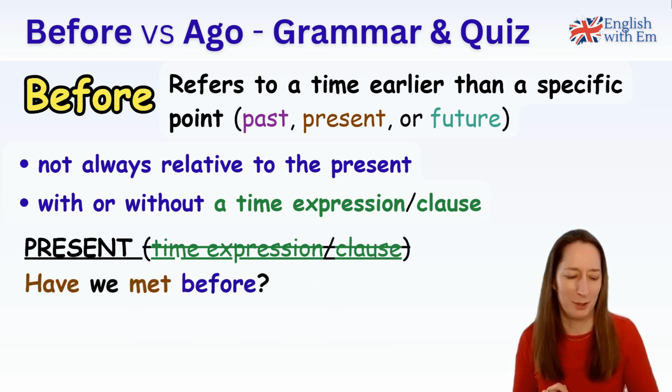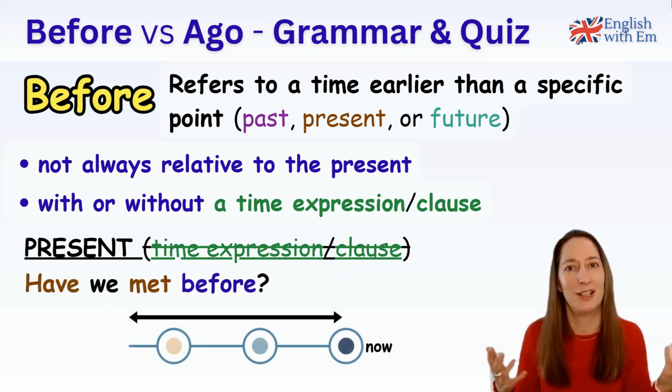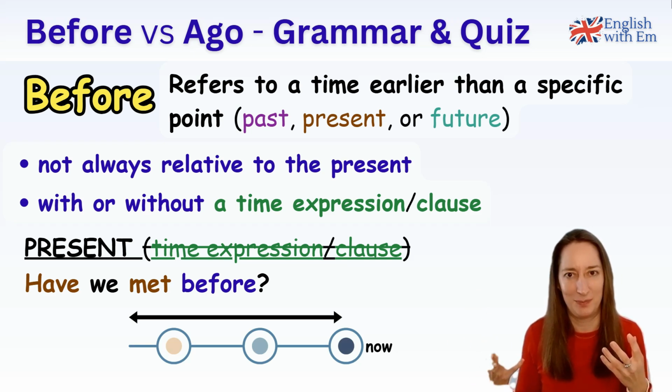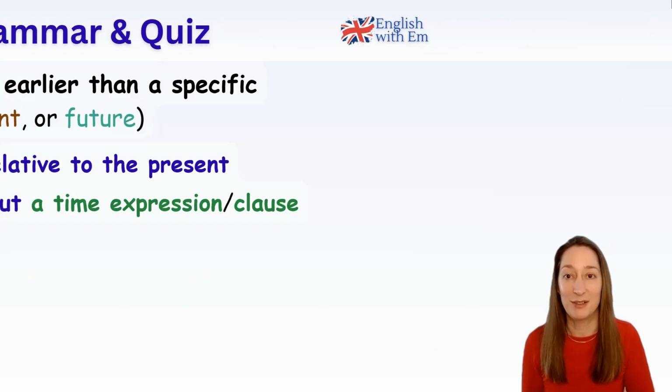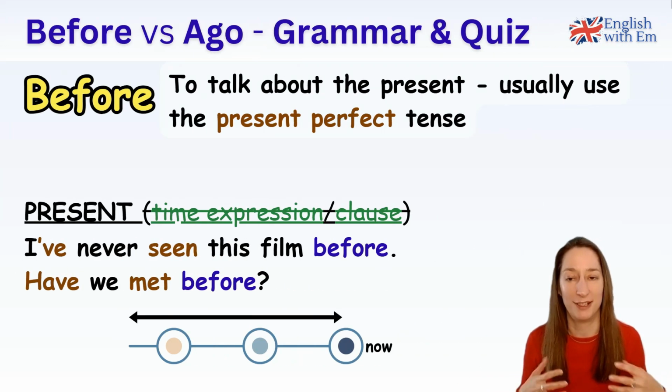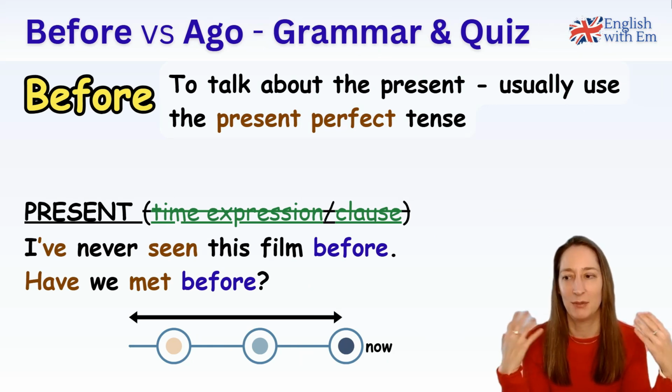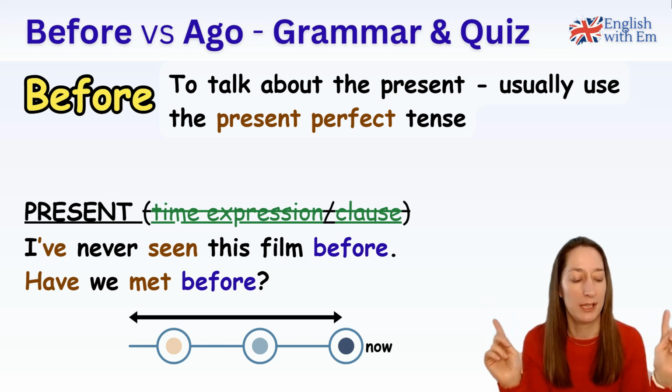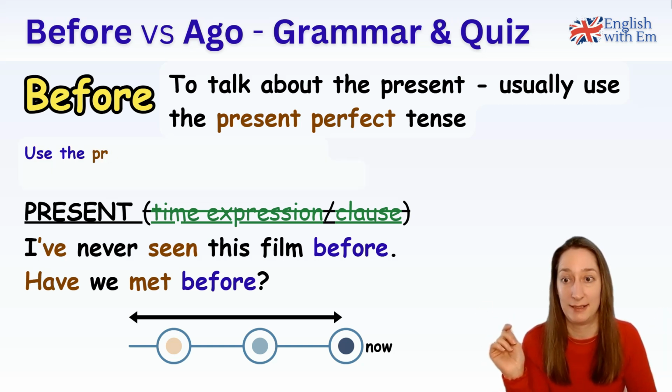Have we met before? At any time earlier than now. Now, you may have noticed that we used the present perfect in both of these examples, and that is because when we use before to refer to the present, we usually use the present perfect tense.